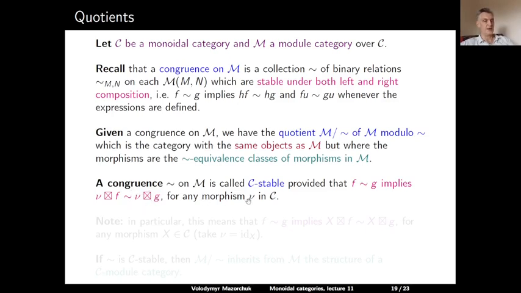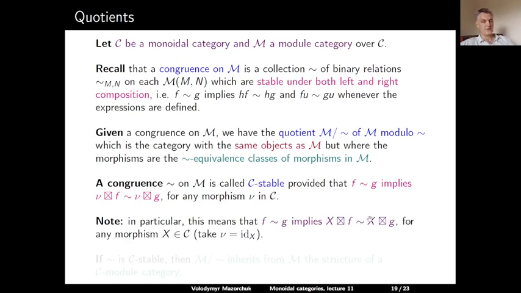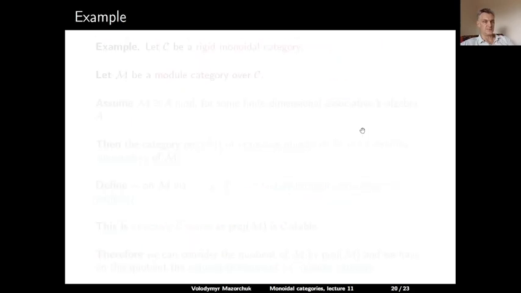And this should be true for any morphism nu in C. In particular, this means that if F is equivalent to G, then X of F is equivalent to X of G for any object X in C. So we can take nu to be the identity endomorphism of X and plug it here to get this equivalence. So if a congruence sim on M is C-stable, then the corresponding quotient naturally inherits from M the structure of a C module category. So this is how you form quotients of module categories.